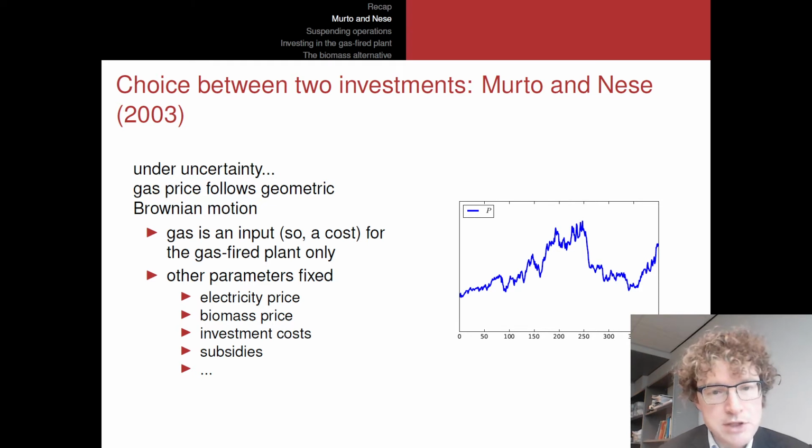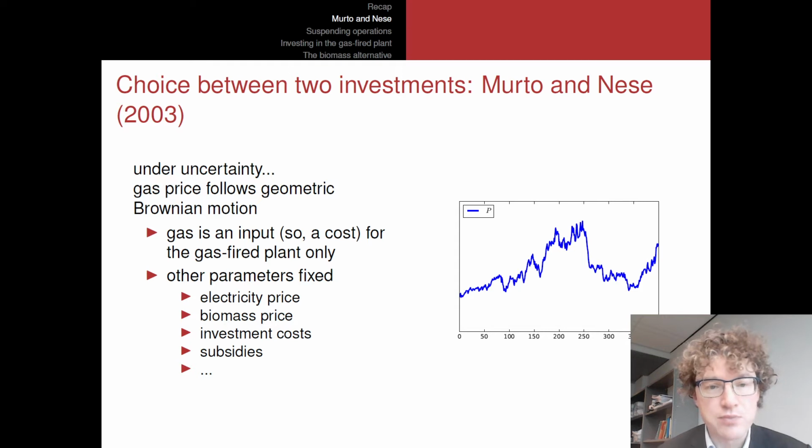So the other parameters, just for the sake of clarity, are fixed. In reality, of course, they would also be uncertain, but in this paper, the authors are going to take those as fixed because it's already enough of a handful to work out the implications of this fluctuating gas price.